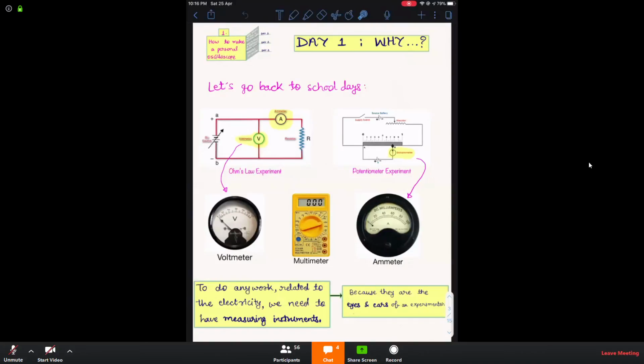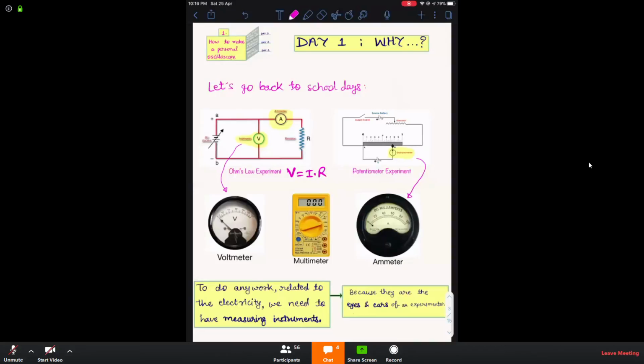In your school days, you might have done a lot of experiments on electricity and electromagnetism in your 10th and 12th standard. Take a moment and give a thought: in the Ohm's law experiment, where you try to prove that voltage equals current times resistance.